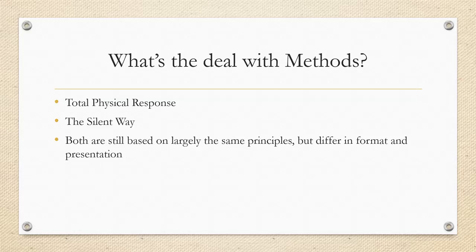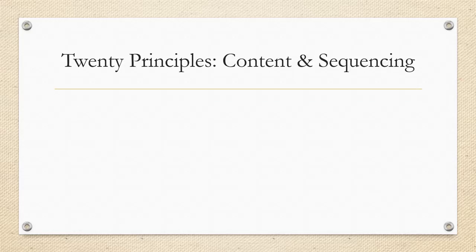So we're not going to focus too much on methods today, but instead, we're going to focus a bit more on principles. So there are 20 different principles. I'm going to give my best shot to go through each one, try to provide a little information. Obviously, your textbook has gone through each one and provided quite a bit of information about each one so that you can feel a bit more comfortable with it as you move into your next activity.